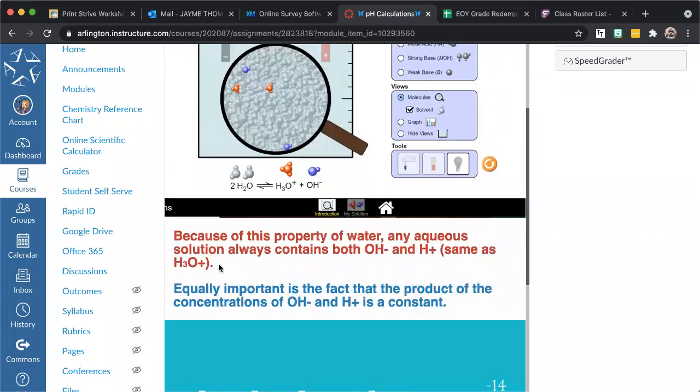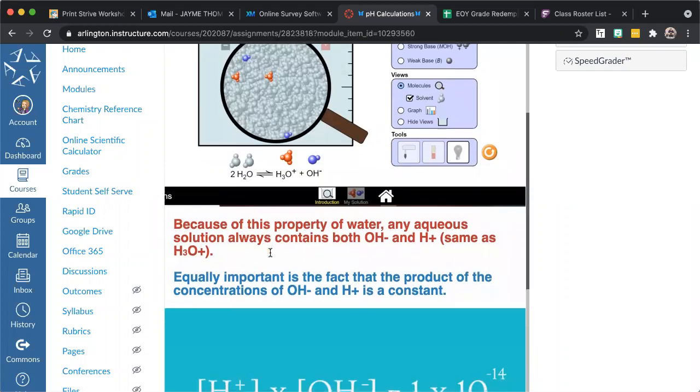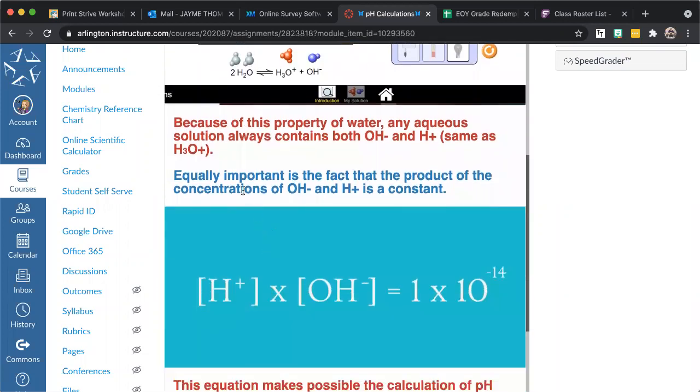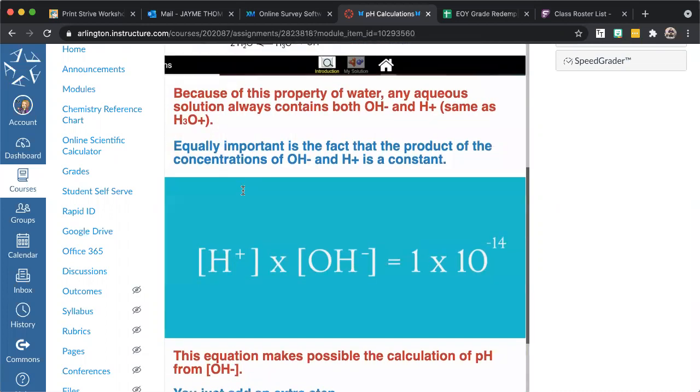And remember, hydrogen sometimes we represent as H3O plus, because it's like a hydrogen ion joined with a water molecule in the solution. And so we call this the ion product constant. When I multiply the concentrations of hydrogen and hydroxide ions, I always get the same number. I always get 1 times 10 to the negative 14.